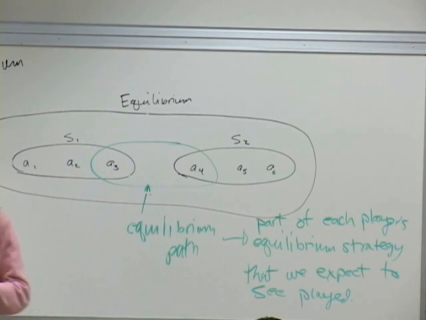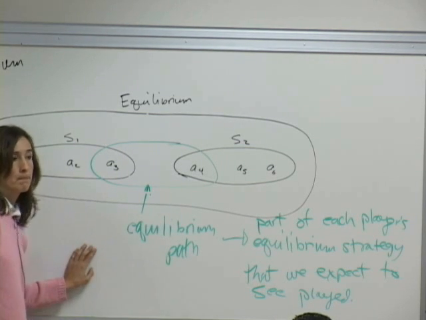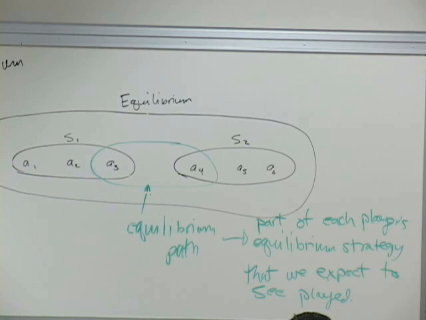Okay? So an equilibrium path is composed of strategy parts. And it would never be the parts of a strategy that add up to a whole one. It's always parts of different players' strategies. Okay? So a way to think about the equilibrium path is every action we expect to see played.